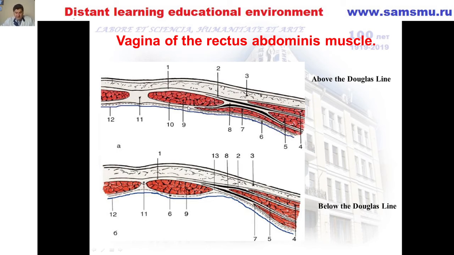In the lower part, maybe 4 or 5 centimeters below the umbilicus, the structure of the sheath is different. You may see it on the lower picture.